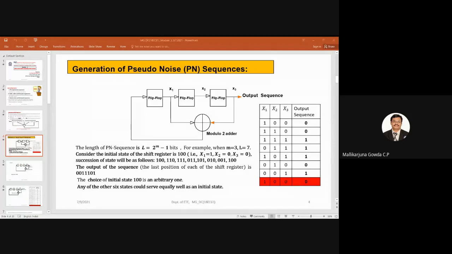Is it possible to share your understanding quickly? Yes, I was asking about Girish. Girish? Can you explain, man, the circuit? How does this circuit generate the sequence?